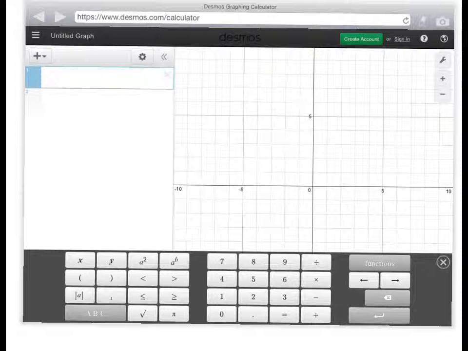If you look at these two lines, you can see that the point of intersection is at 8 and negative 4, meaning x is 8, y is negative 4.